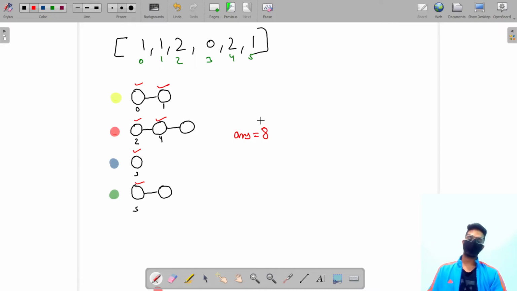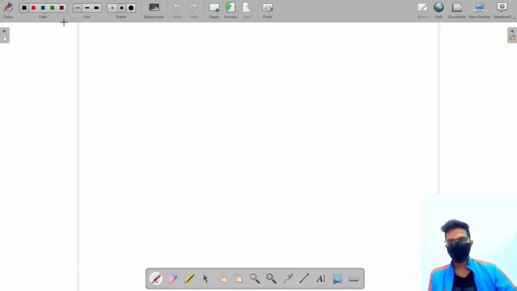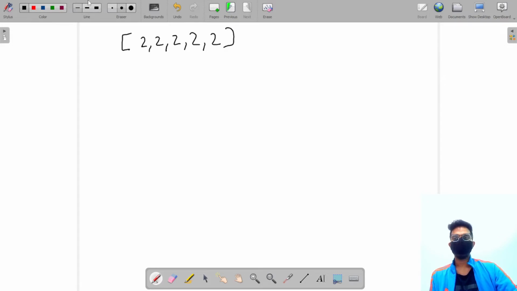Now we are going to discuss how we are going to solve this. Before that, I want you to think of this. If we are given an array, let's say 2, 2, 2, 2, is it the same as saying that there are six rabbits?